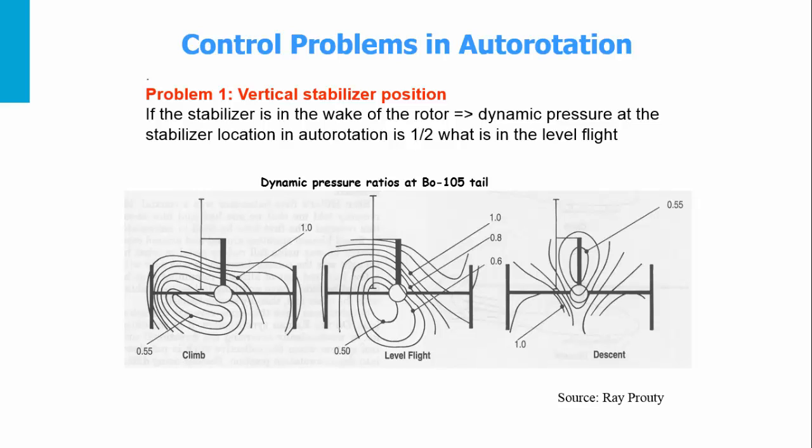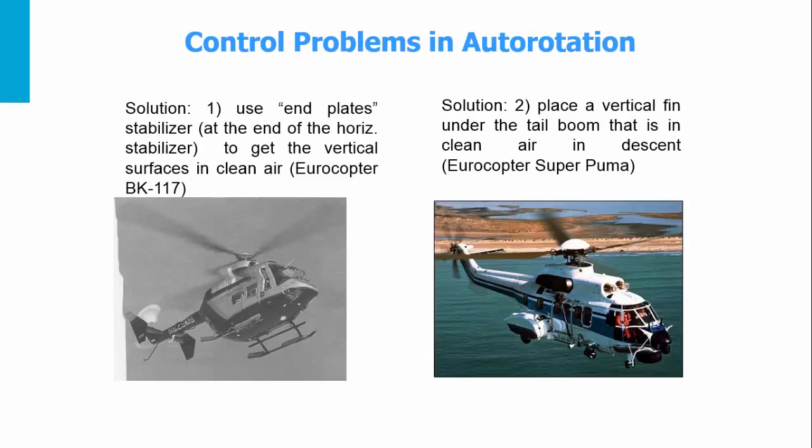Helicopters without tail rotors, such as the tandem helicopter, the coaxial, a fenestron or a NOTAR, have a vertical stabilizer, and this is quite ineffective in autorotation. How to solve this problem? Here are some solutions. For example, the BK117 used end plate stabilizers.